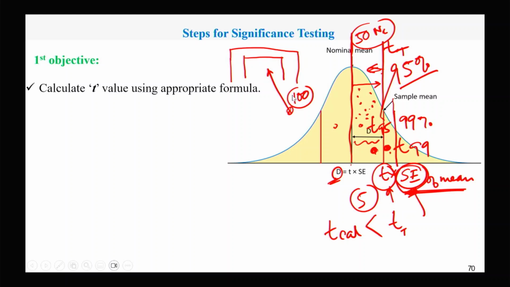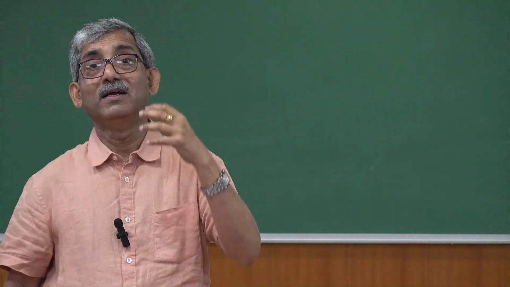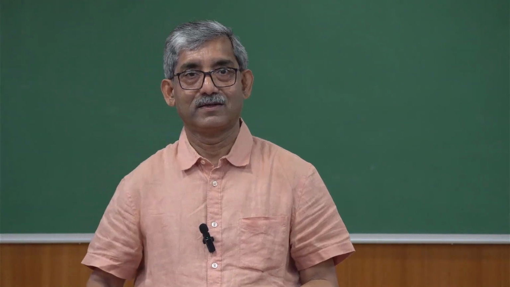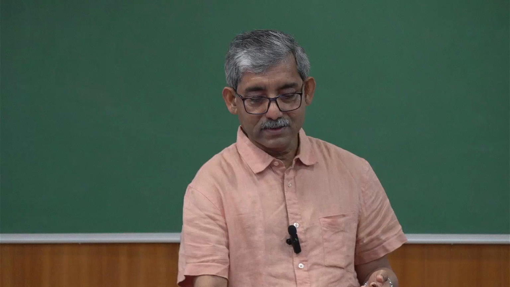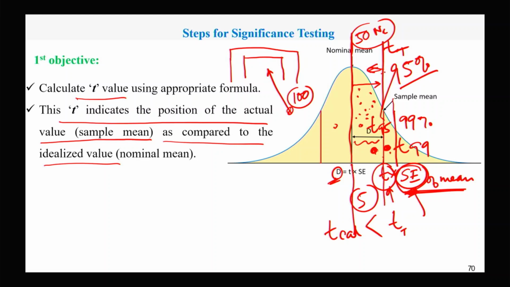So the steps are that first you calculate a t value using the appropriate formula. There are formulas available for calculating the t value depending on different conditions. This t value calculation we will discuss. This t indicates the position of the actual value, the sample, as compared to the idealized value. The idealized value is this, and this is the table t.